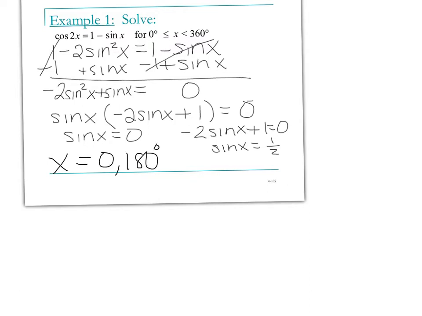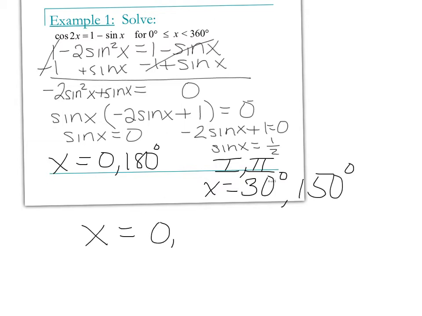And then where does the sine of x equal 1/2? It's positive, so you're going to be in quadrant 1 and quadrant 2. So x will be, it's a 30-degree reference angle, so you have 30 degrees, and in quadrant 2 it's 150. So your final answer would be 0 degrees, 30 degrees, 150, and 180.